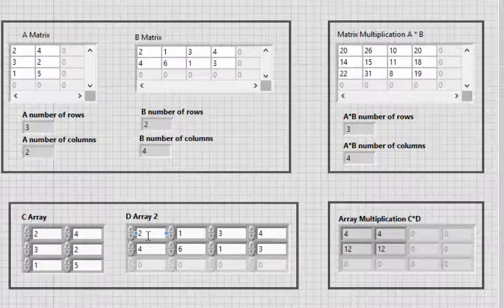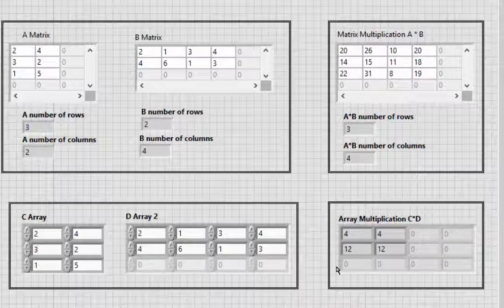When we multiply these two together, there's a whole operation that happens. When you multiply 2 arrays together, and these are the exact same numbers, you don't get the same thing, because all array multiplication does is take the first 2 times the second 2, and that gives you 4. And then it takes this 4 times that 1 and gives you 4. And then the 3 times the 4 is 12, 2 times 6 is 12.